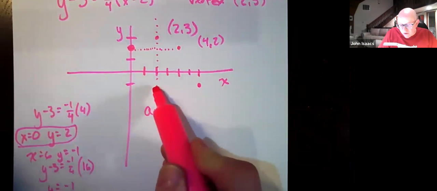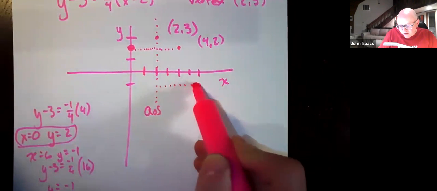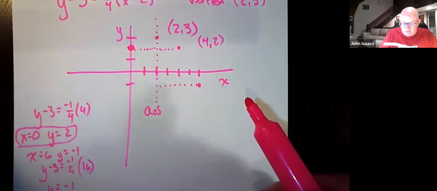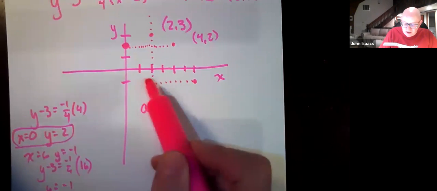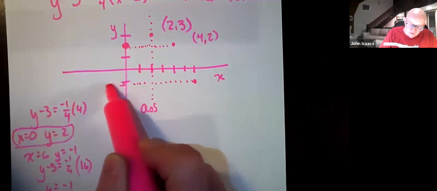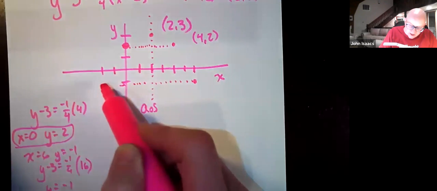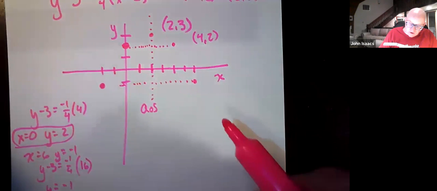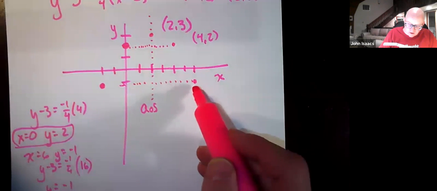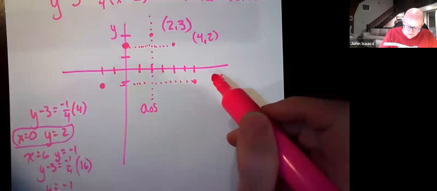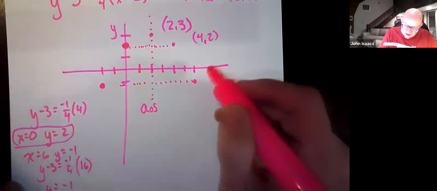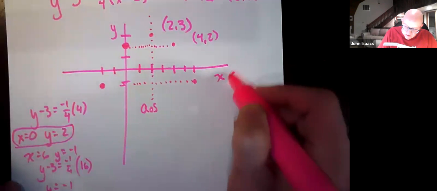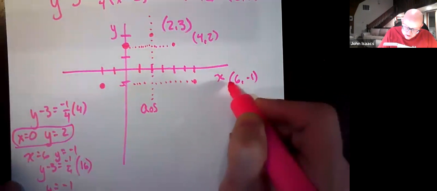All right. Now, I'm 4 units away from the axis of symmetry. So if we go 4 units away in the other direction, we wind up at (-2, -1). So if we have the point over here of (6, -1), that's this point.